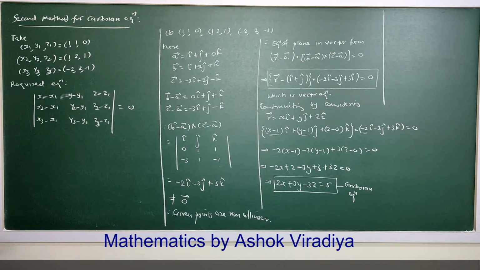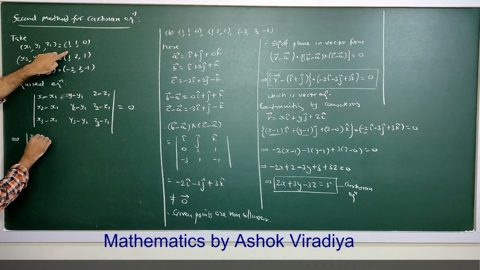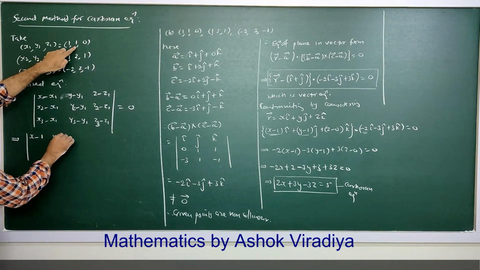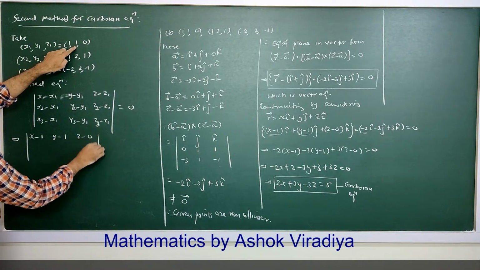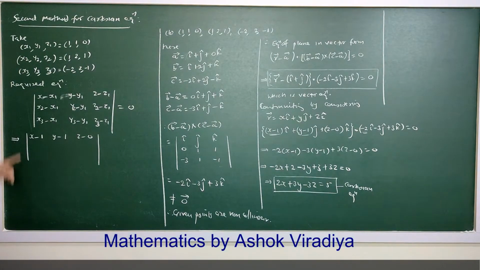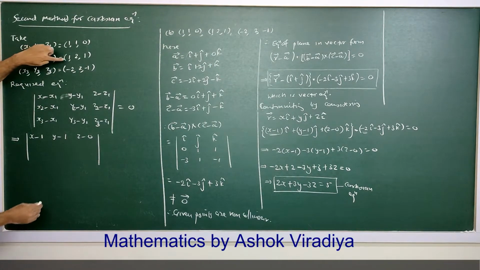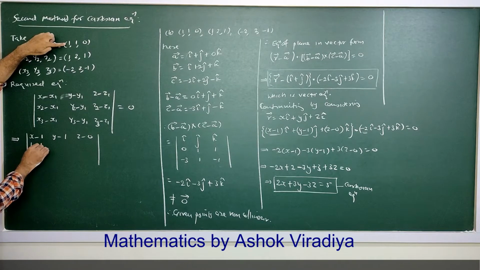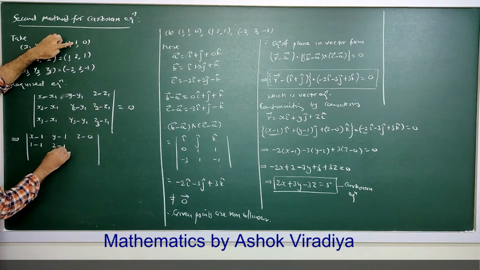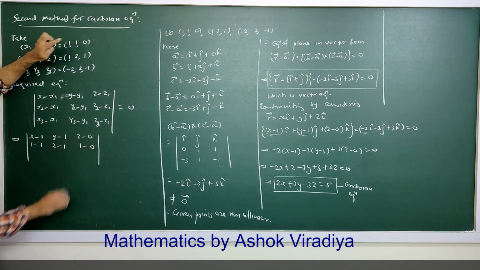This is Cartesian form. Now putting values, x minus x1, x1 is 1, y minus 1, z minus 0. Then x2 minus x1, so here 1 minus 1, 2 minus 1, 1 minus 0.